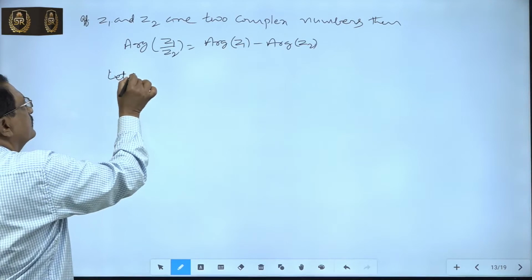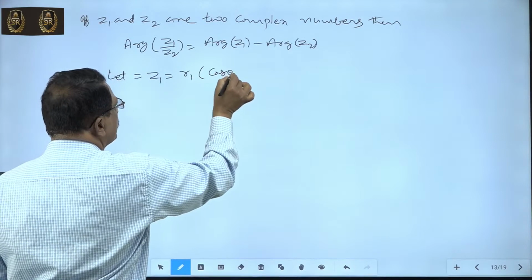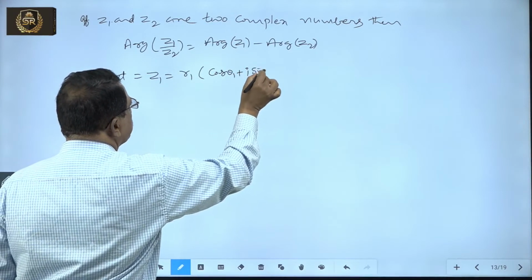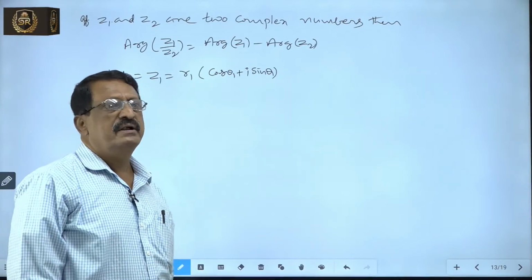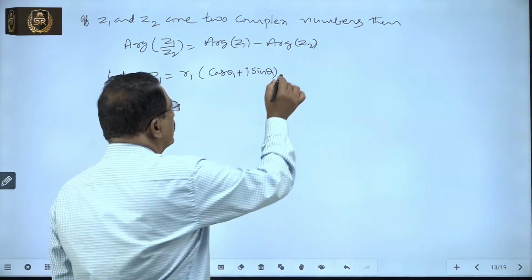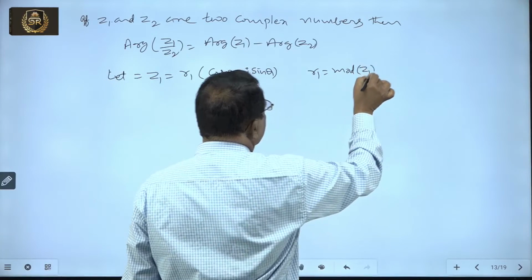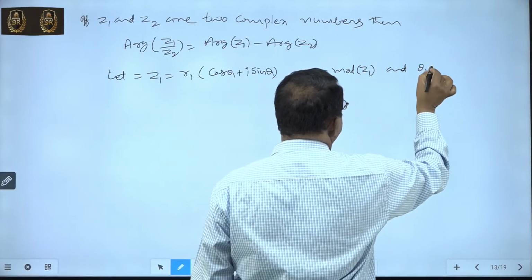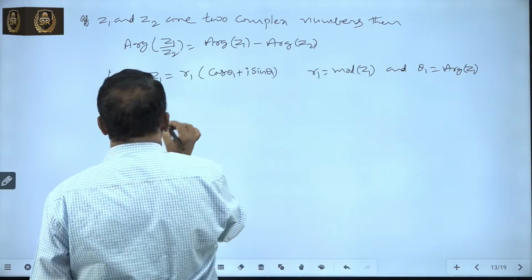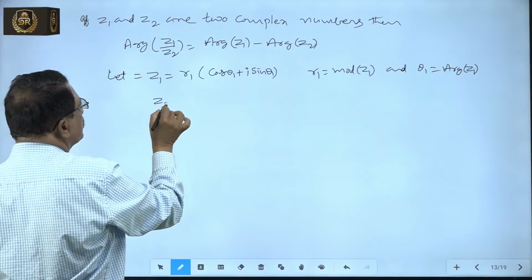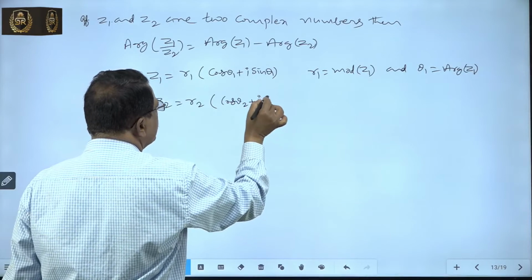Now, let Z1 equals R1 into cos theta 1 plus i sin theta 1. Here R1 equals mod of Z1 and theta 1 is argument of Z1. Next, Z2 equals R2 into cos theta 2 plus i sin theta 2.